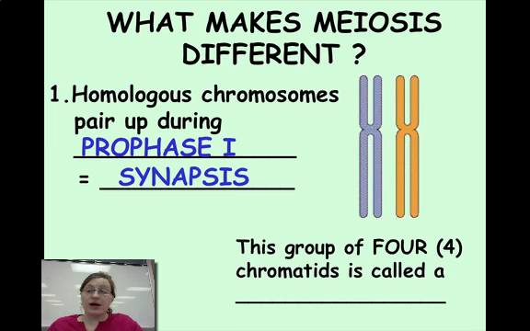When we look at this group of 4 chromatids together, it is known as a tetrad. So here you have mom's chromosome number 5 plus the copy, and dad's chromosome number 5 plus its copy.